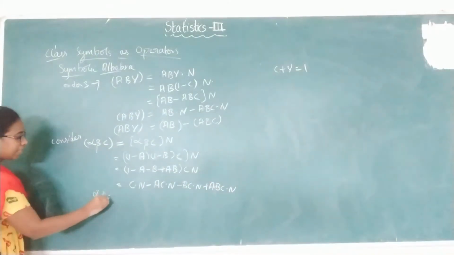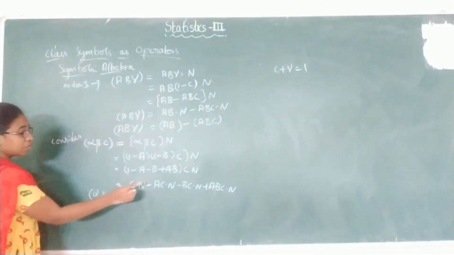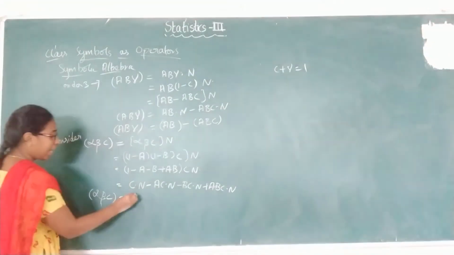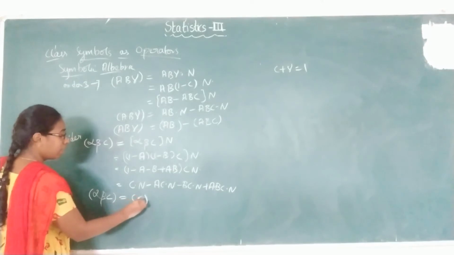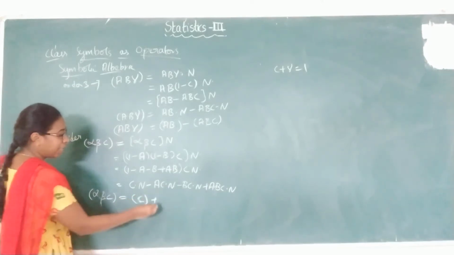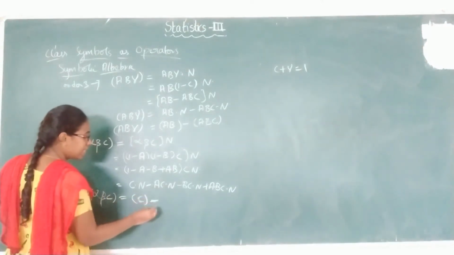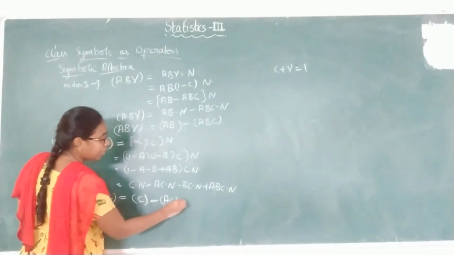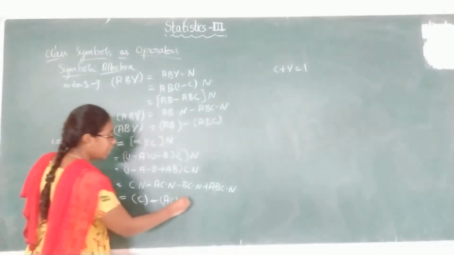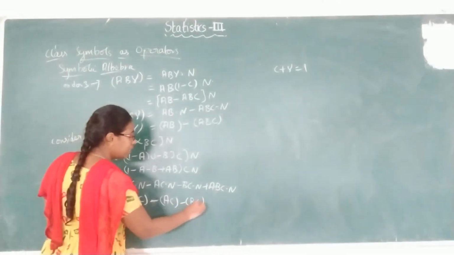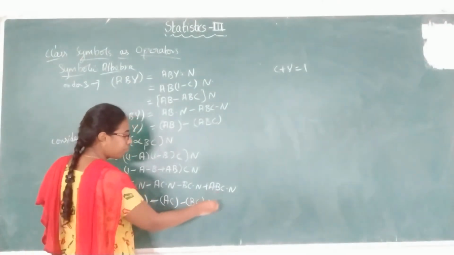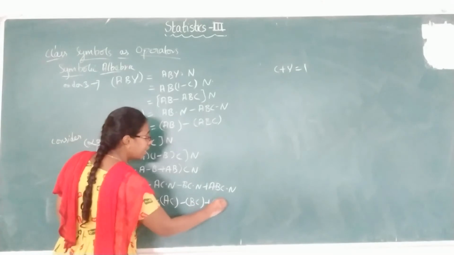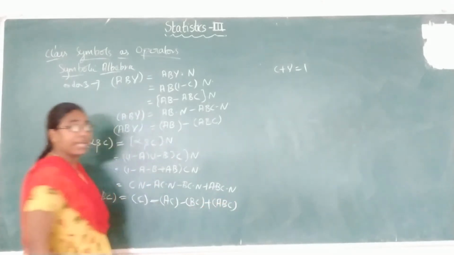Alpha, beta, C equals C into N, which is the class frequency of C, minus AC into N, which is the class frequency of AC. Similarly, minus BC into N is the class frequency of BC, plus ABC into N is the class frequency of ABC.